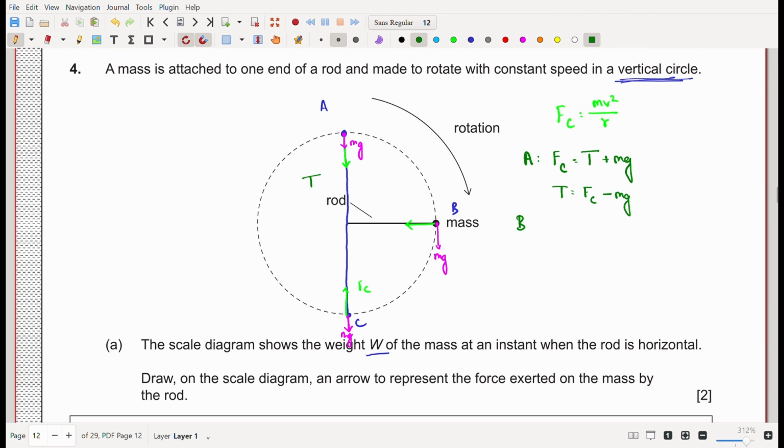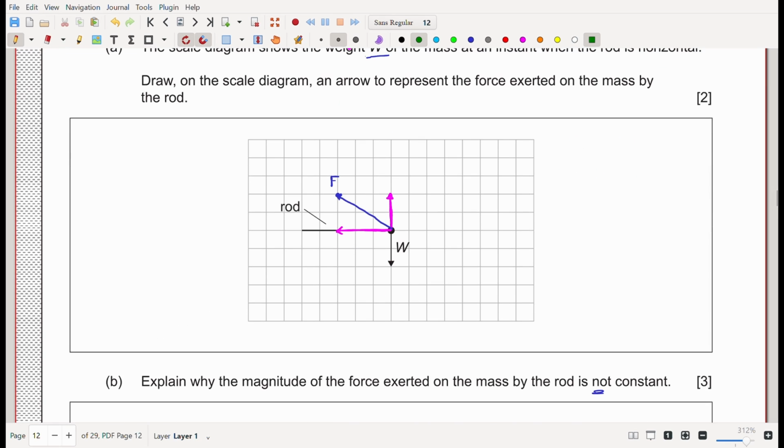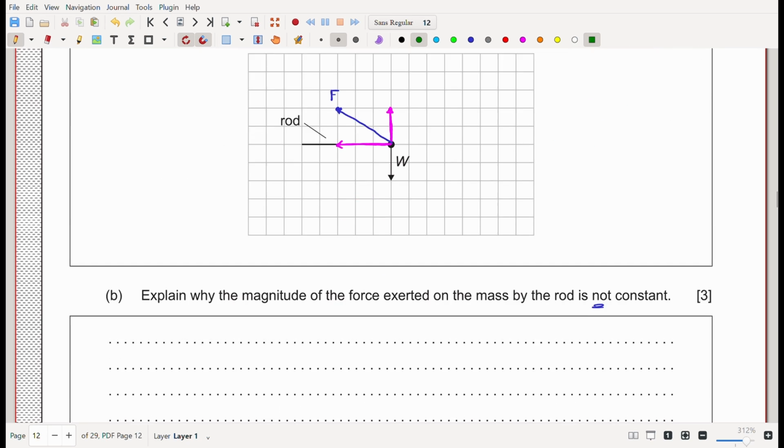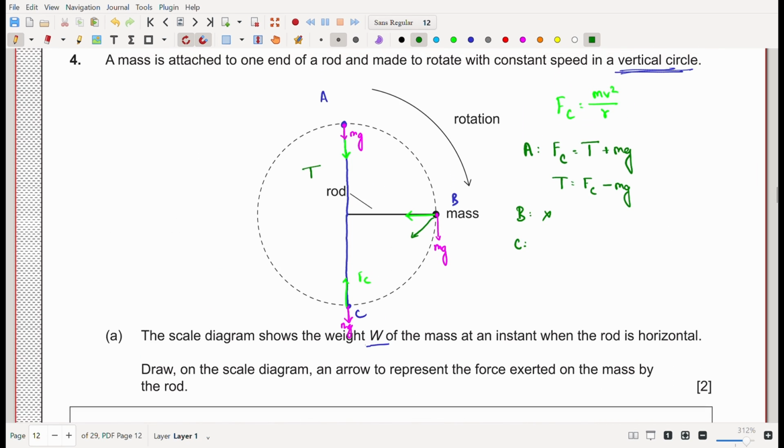Let's look at position B. We already know that at position B, the two vectors are oppositely inclined. So for this, we can say that the force acts something like this. I'm going to ignore point B because it's a little bit long and the math is not exactly required for a simple question like this.